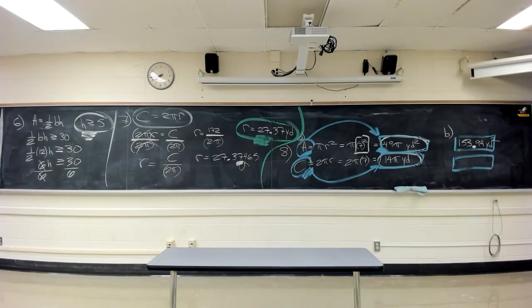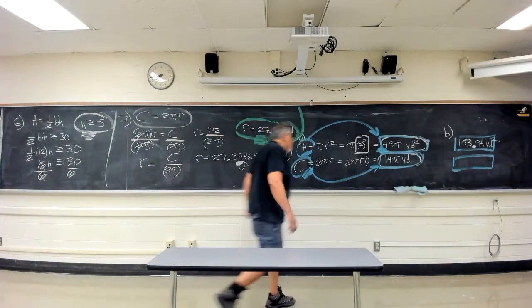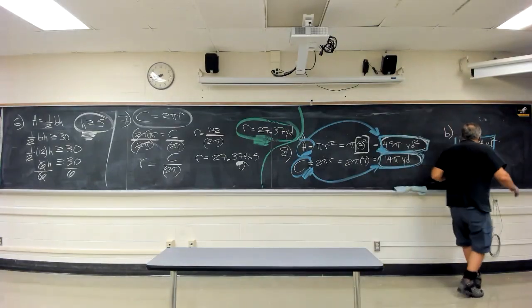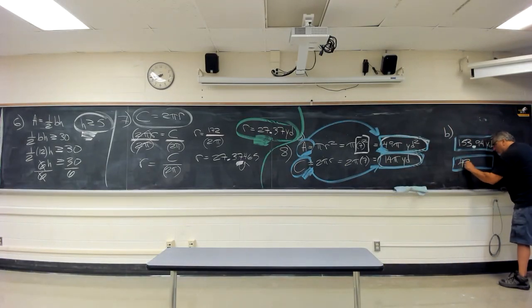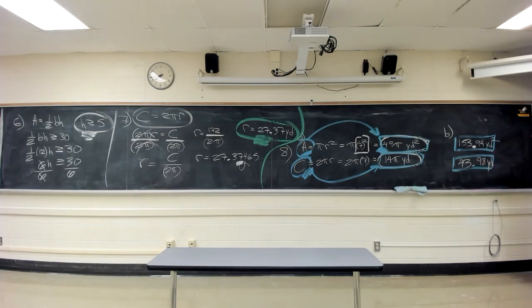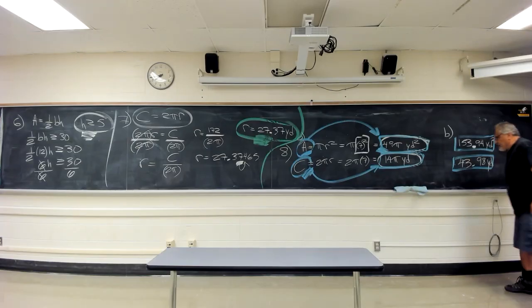That's just 43.98 with the round off to the hundredths. 43.98. And that's it. It's pretty good. Okay? That's 8. Let's keep moving.